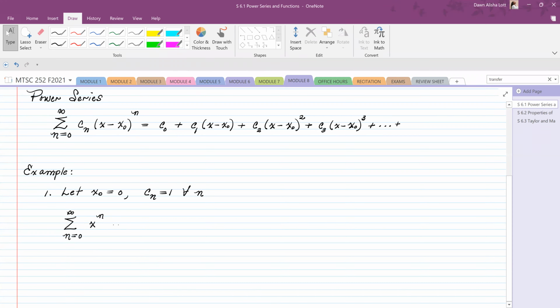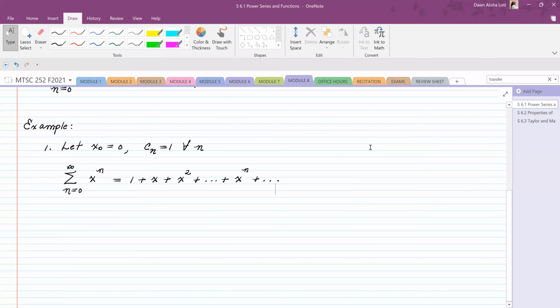This is 1 plus x plus x squared plus x to the n. So that, which looks to us like a regular series, is a power series.